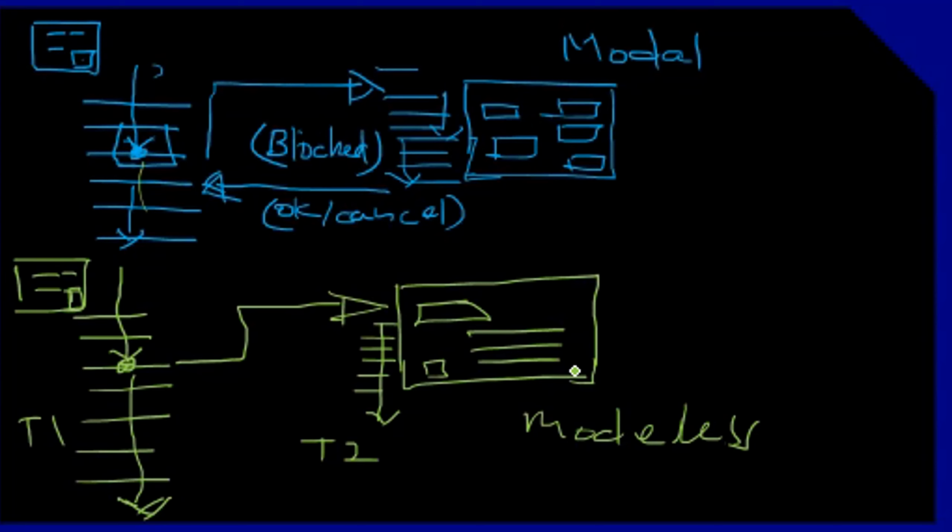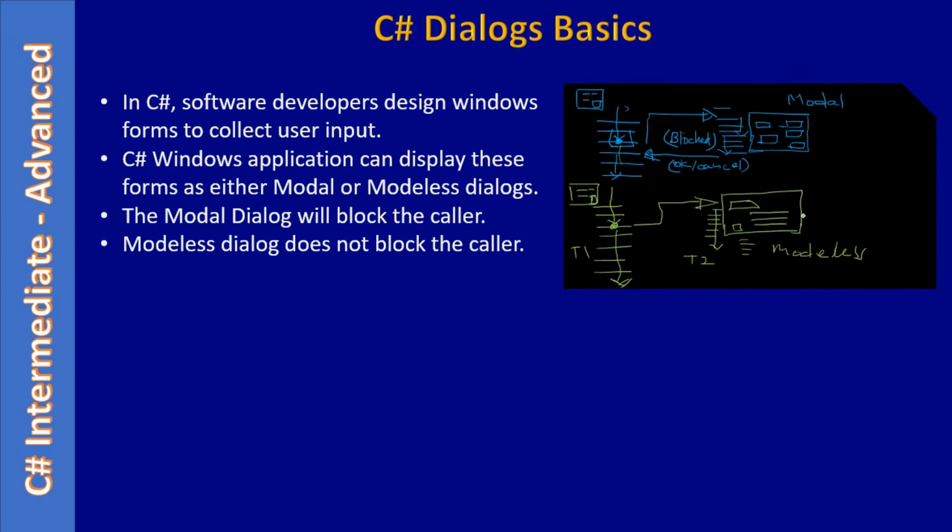So while it is searching and producing the result, what are all the locations in which the searched word is found, you can start typing here. That means here it is doing the work of searching, and in the meantime the application is allowing you to type something here, or formatting some of the text here, changing the background color with some other UI. So that's the use of a modeless dialog.